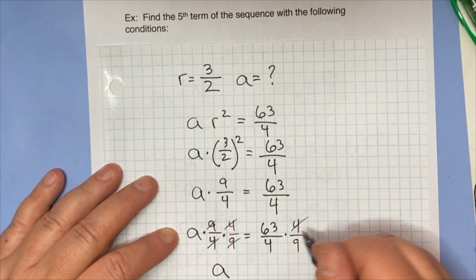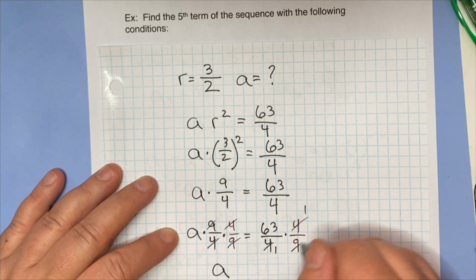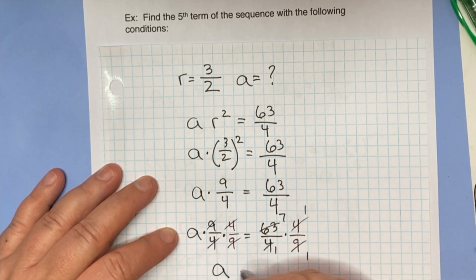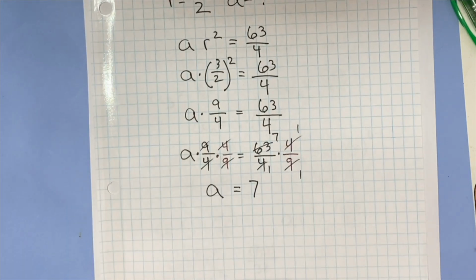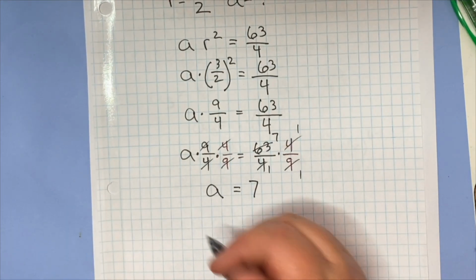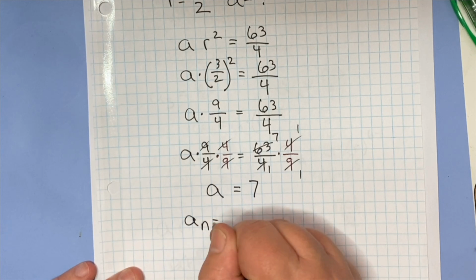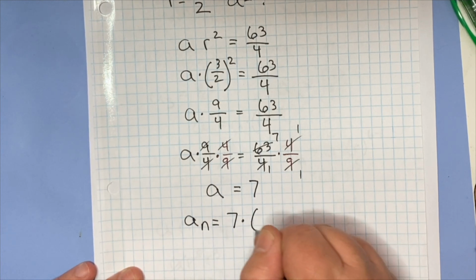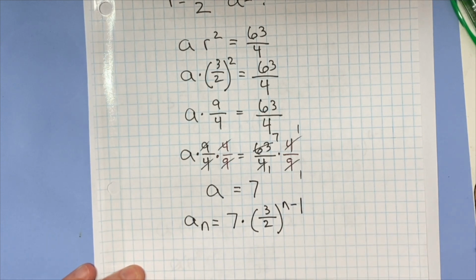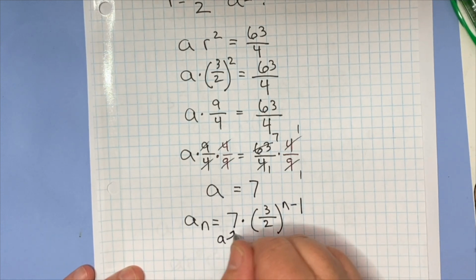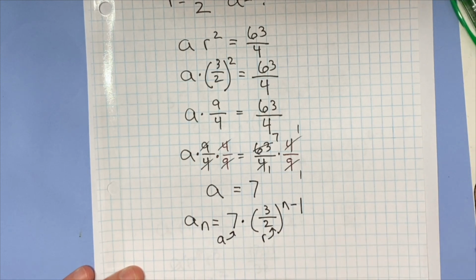And then over here, the 4's cancel. 9 goes into 63 7 times, so A equals 7. So our general form is going to be 7 times 3 halves to the n minus 1. And this is our A, and this is our R.